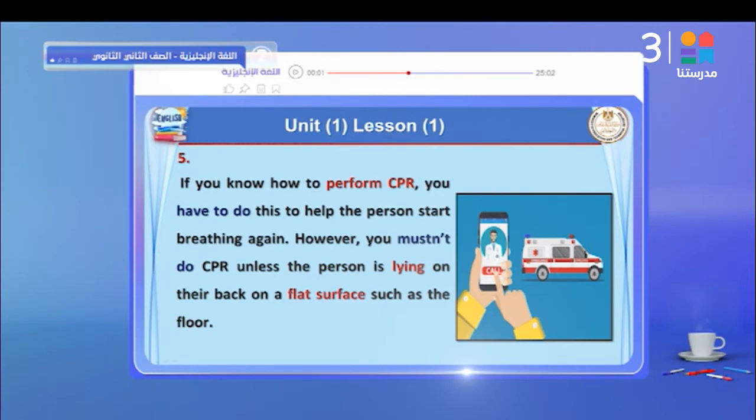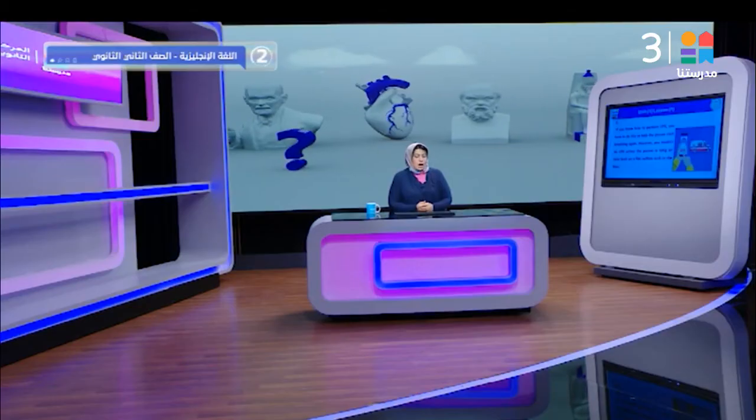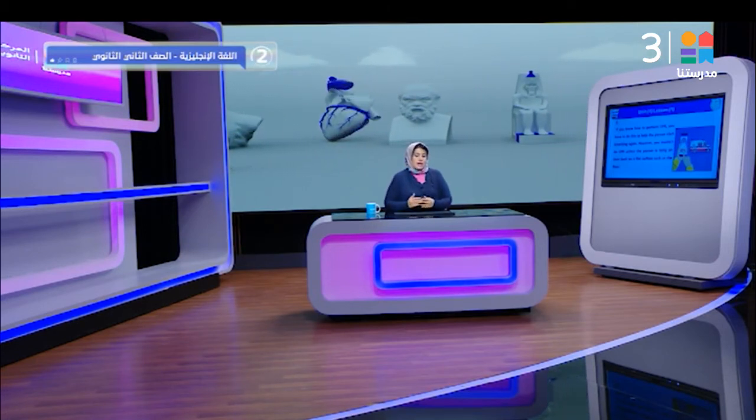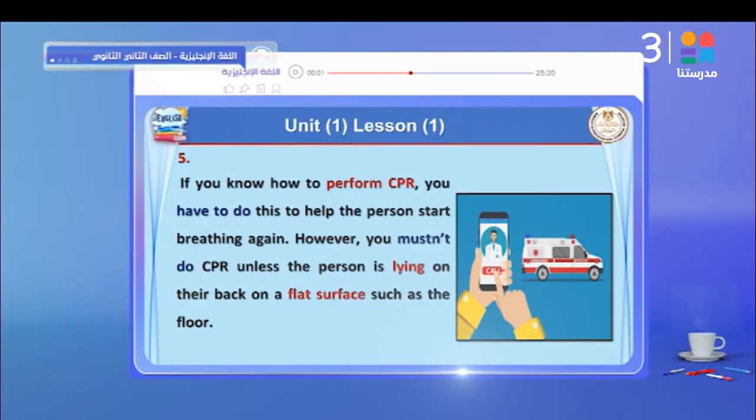One is perform, the other one is do, and both of them are together given the same meaning when they combine together with the word CPR. So I can say do CPR, I can say perform CPR, and both of them are correct. أقدر أقولها بالطريقتين, الاتنين صح. Okay? So I can't do or perform the CPR unless the person is lying on their back.